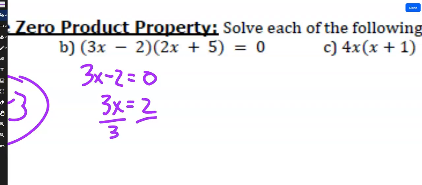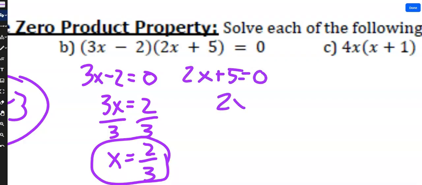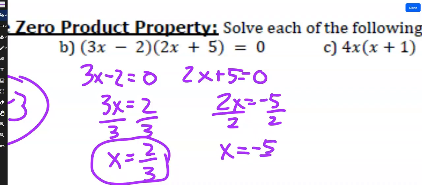Divide by 3, and x equals 2/3. I mean, literally, kids are like, well, that's too much work. I can't do that. 2x plus 5, 2x equals negative 5. Divide by 2, x equals negative 5 over 2.